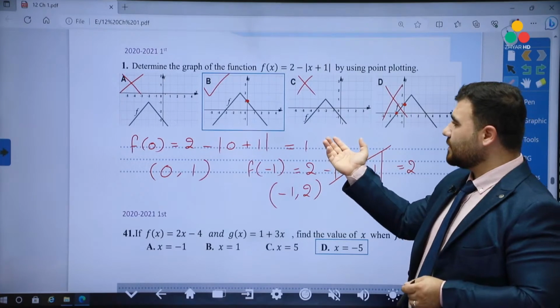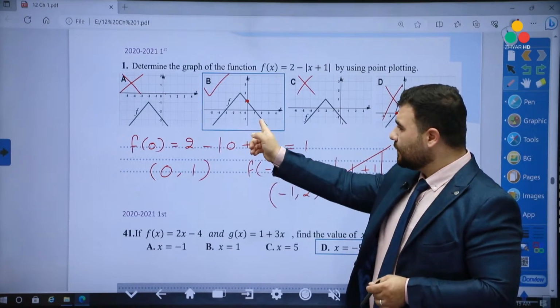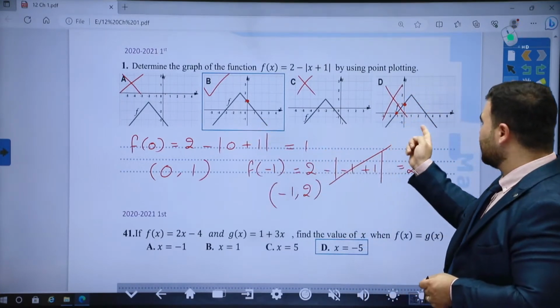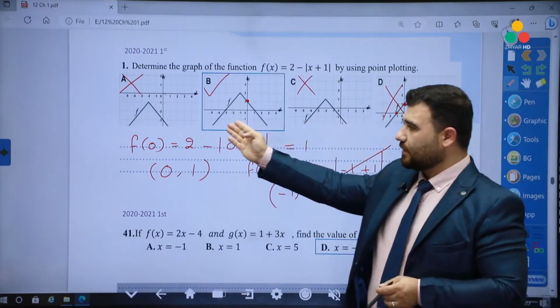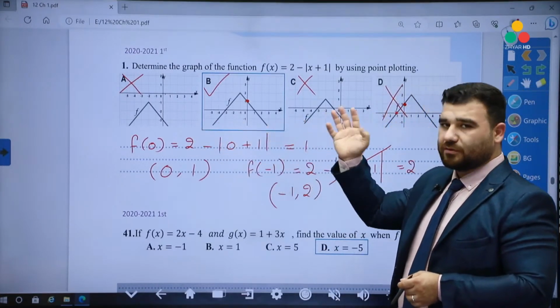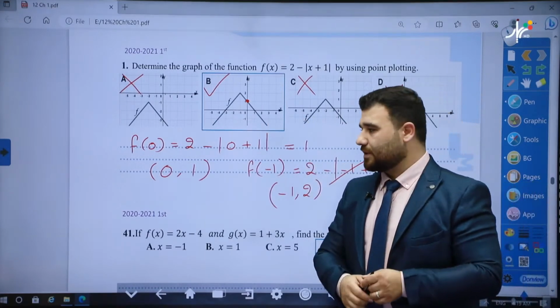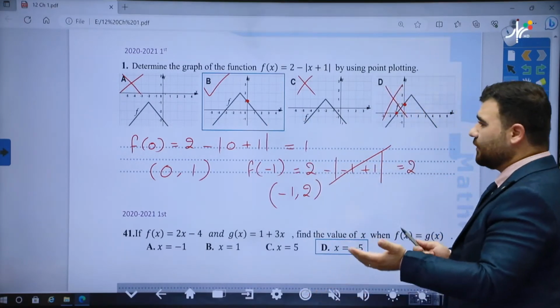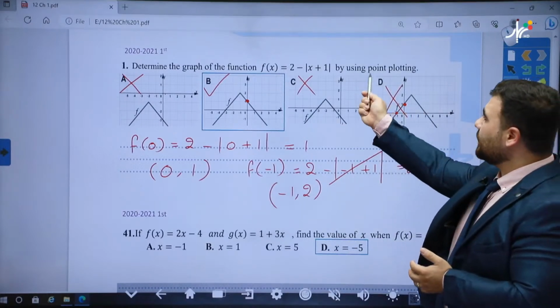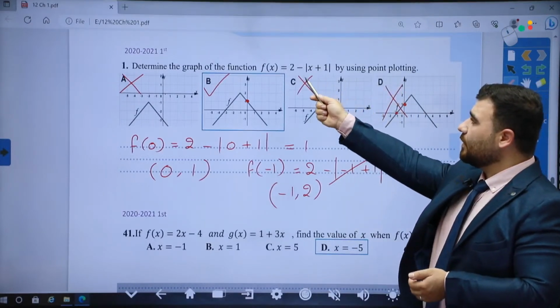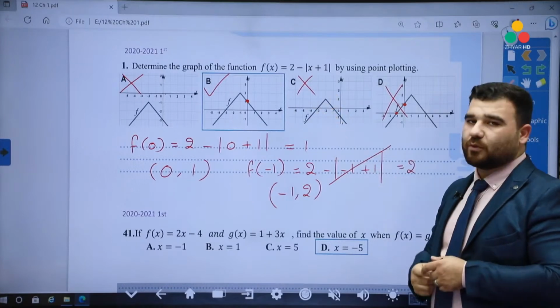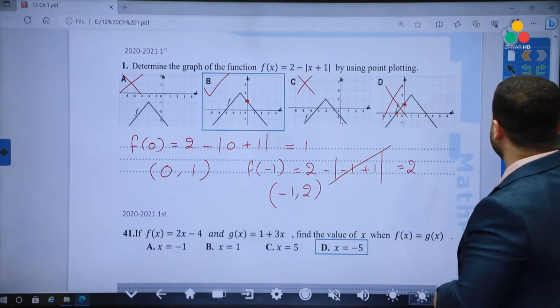If I choose, let's say, 2, 2 has negative 1, and (2, negative 1) is not in any other graph. Then if I had chosen 2, I would get B as the correct answer within the first attempt. But no problem. Anyways, without point plotting, without wasting time, by 2 points we found the correct answer.